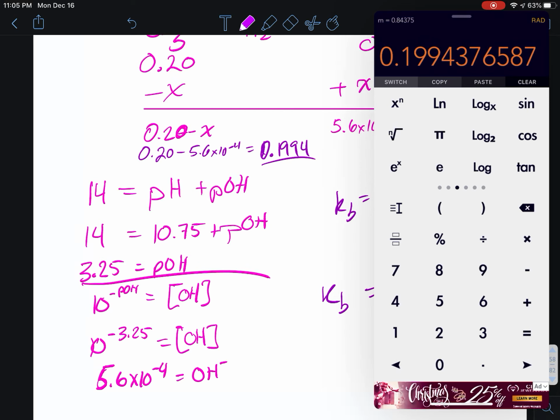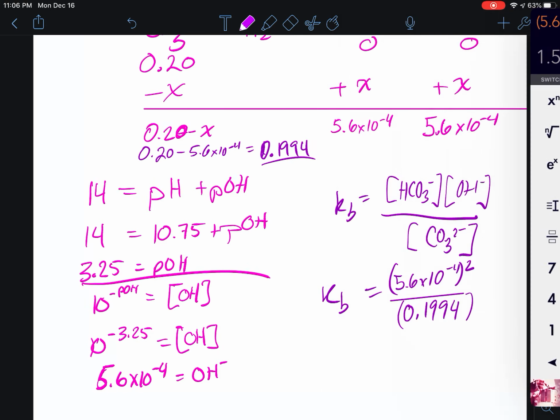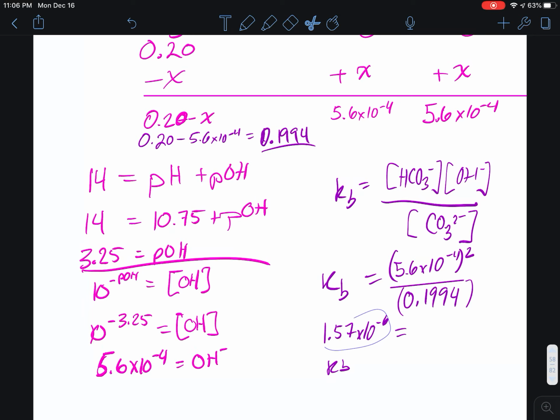So equals, I like this app because I can do that sort of thing. And I'm going to do 5.6 times 10 to the power of negative 4 squared divided by 0.1994 equals 1.57 times 10 to the negative 6. 10 to the negative 6 equals Kb.